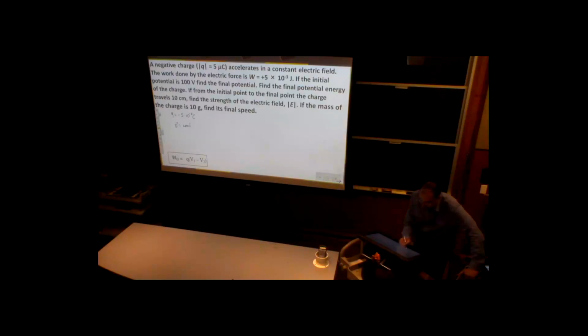Constant. We don't know if it's important, maybe not. Sometimes it's not important, sometimes it might be important. And we don't think about that right now. The process we do right now is translation. The work, joules, the initial potential, 100 volts.